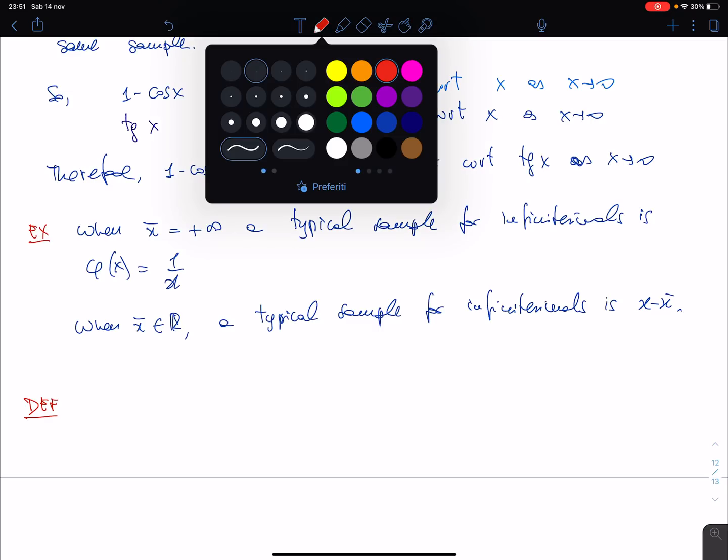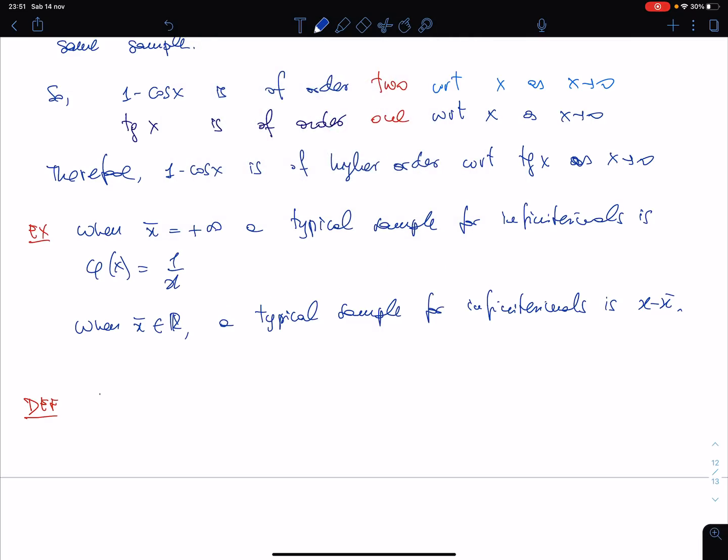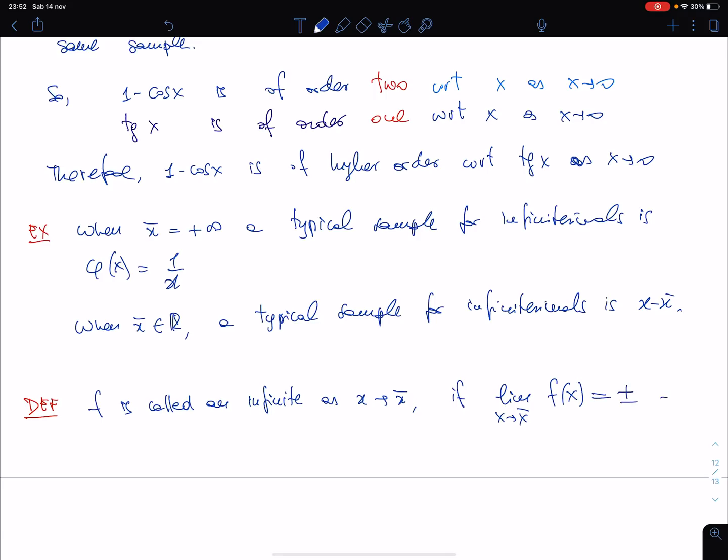So the function f is called an infinite as x goes to x bar, if the limit for x going to x bar of f of x is equal to plus infinity or to minus infinity.